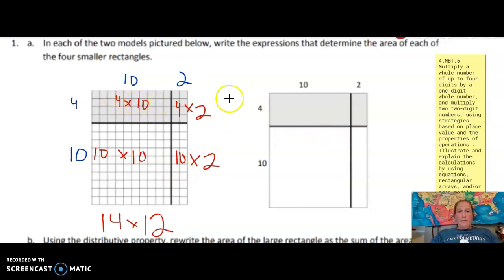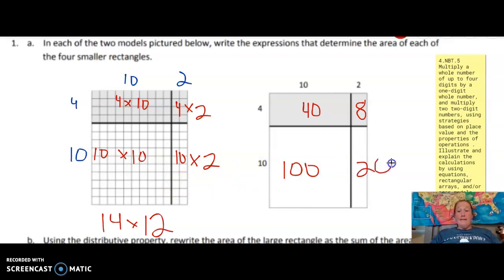So we know 4 times 10 is 40. 4 times 2, in this box, is 8. 10 times 10, 100. And 10 times 2, 20.